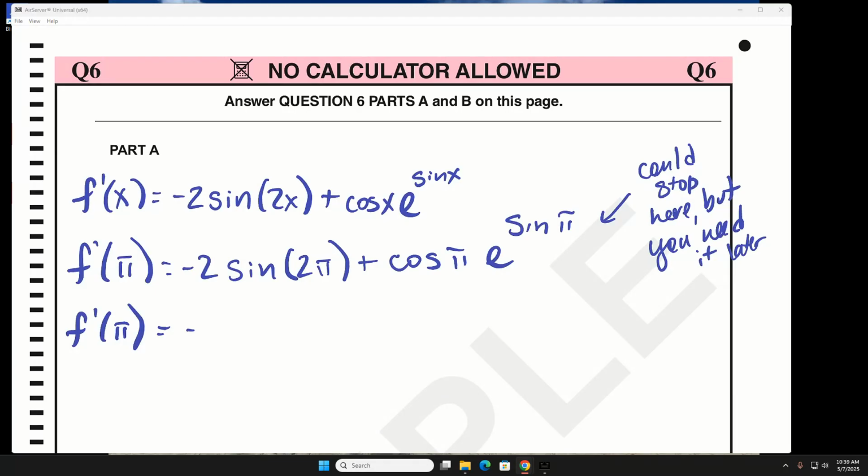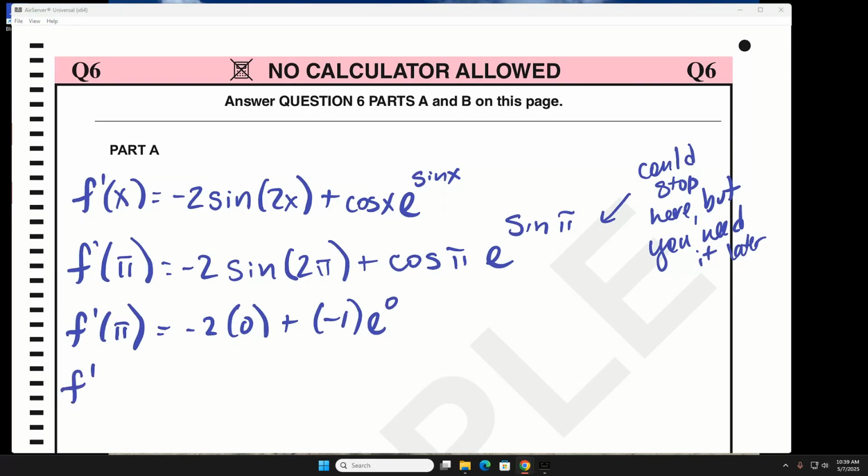Okay, so what is the sine of 2 pi? 0. And the cosine of pi? Yes, you're right, negative 1. All right, and then e, and then what's the sine of pi? 0 again.